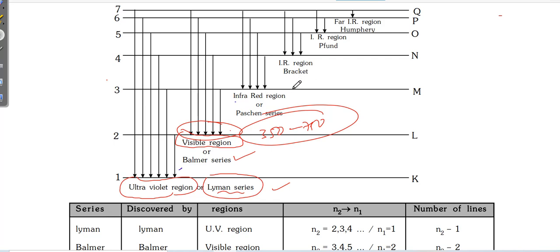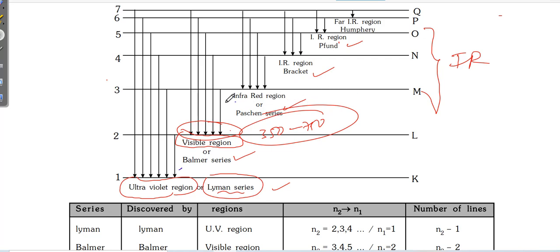And some other scientists, Paschen, Brackett, Pfund, discovered some lines in the IR region. Humphrey also. For the IR region, there are the Brackett series, Paschen series, infrared. So these scientists also discovered different series.